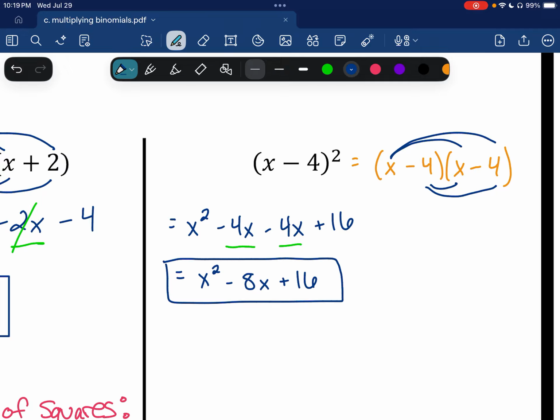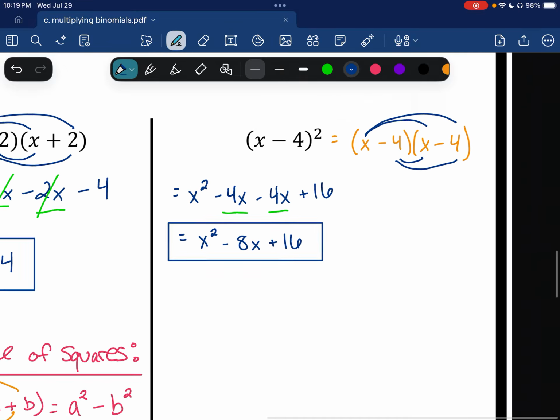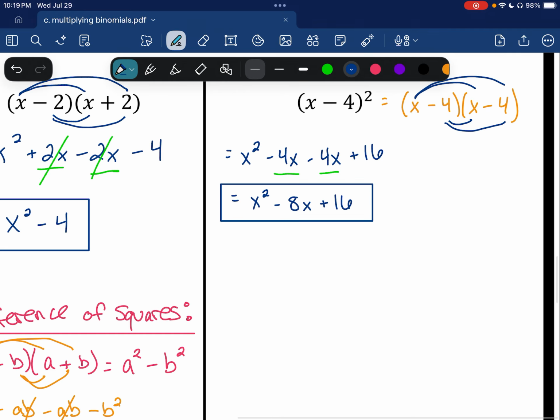So this is our second special multiplication pattern or special factoring pattern, and this is called the perfect square trinomial, because in math we're not really creative when we name things. Like I'm always saying, we tell it like it is. And so a perfect square is just a number that is, well, a perfect square.